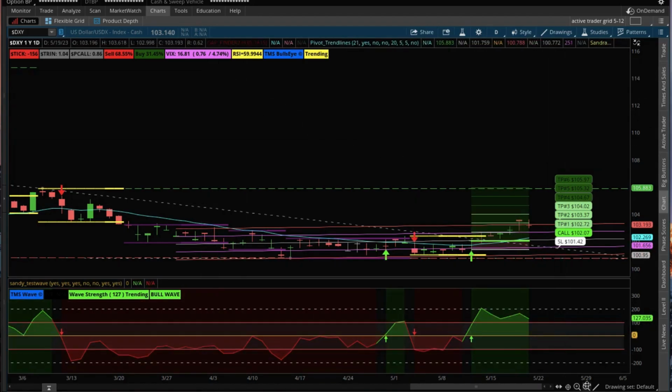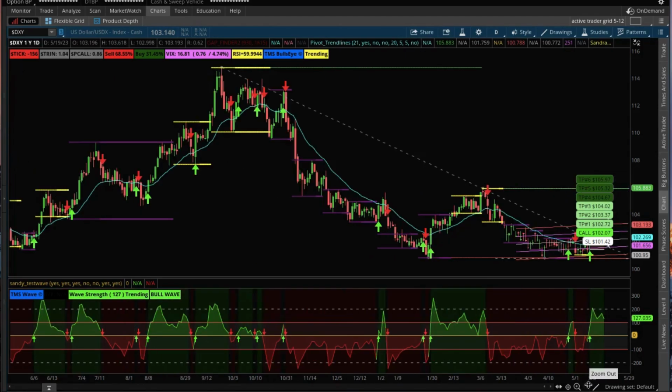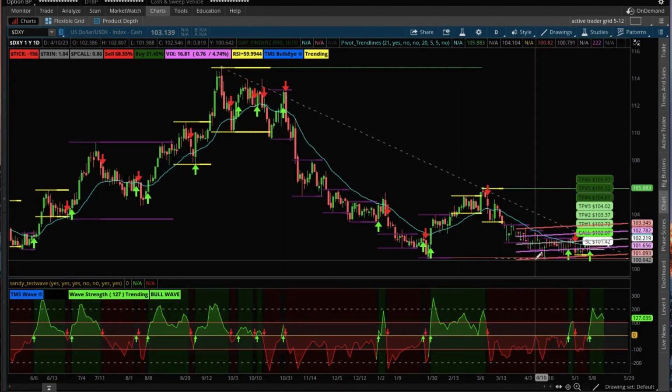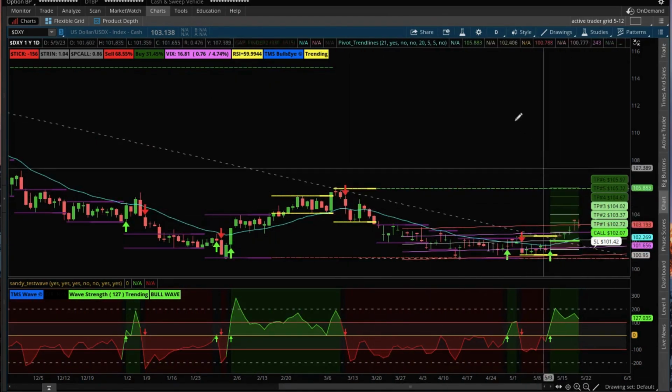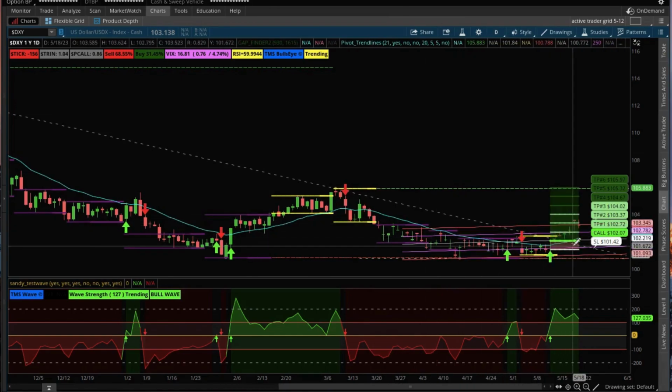So the dollar has been low, as you can see. But we have been basing, and it is starting to break out of this higher wedge on a daily. So if we start to see higher dollar prices, then we should see the market tend to react by falling, because the dollar is typically an inverse correlation to the SPX.